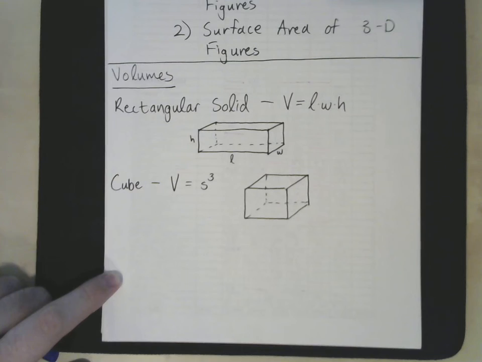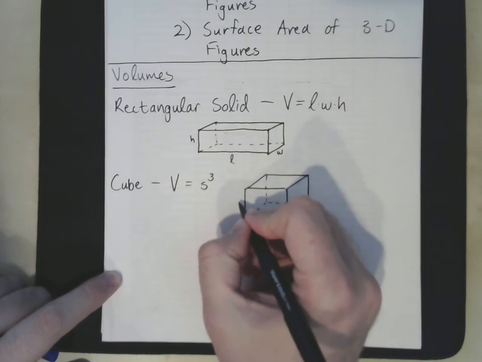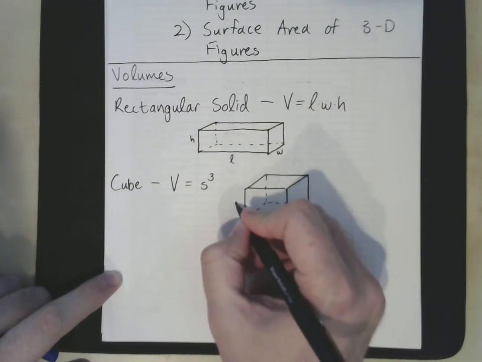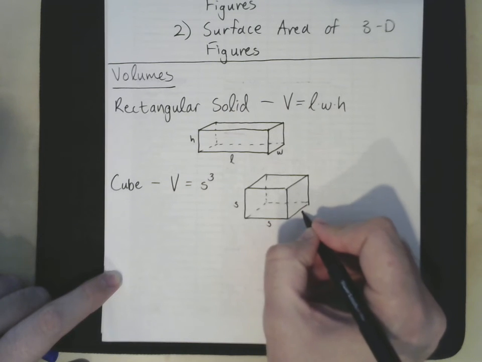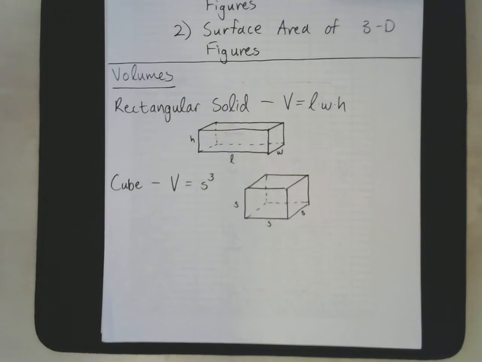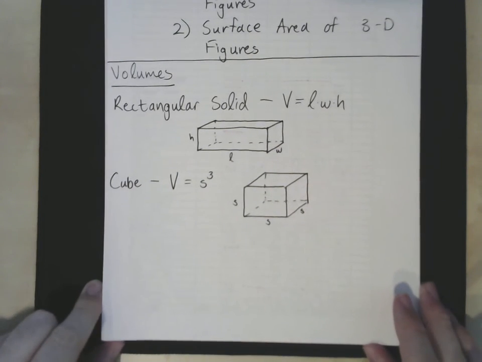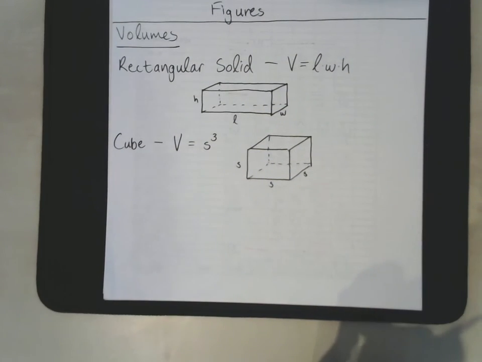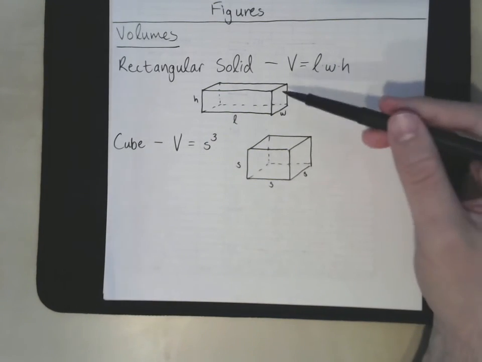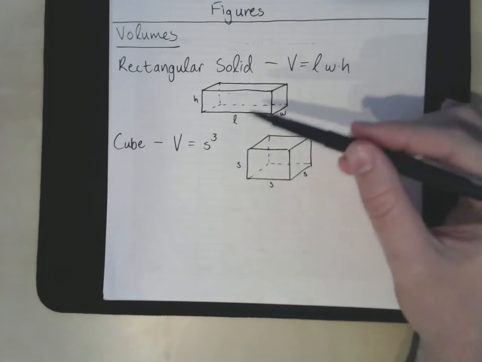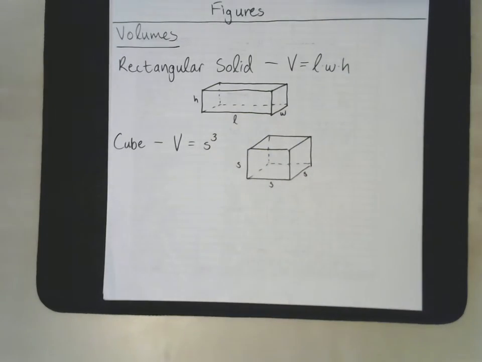All right, so not a perfect cube, but we can pretend. And the volume is side cubed because it's a cube, so the length, the width, and the height all have the same length, s. It's a perfect cube. Hence the term. 3 lengths, all the same distance. So these are very closely related because it's the same formula. The cube is just a special version of the rectangular solid.